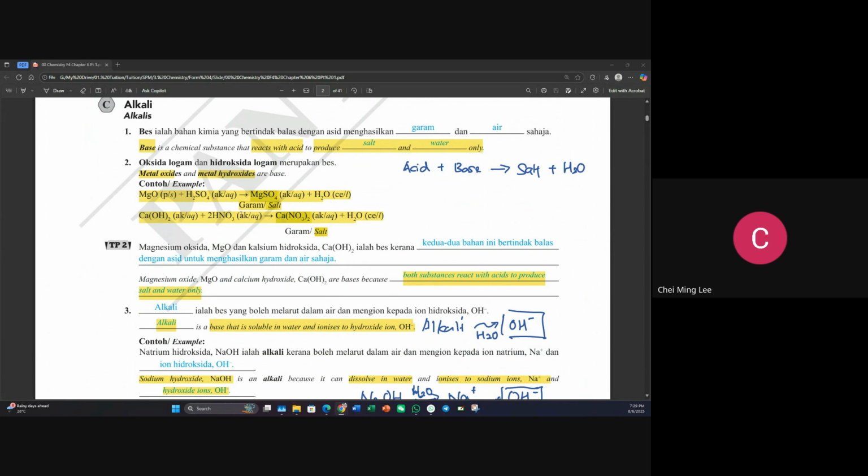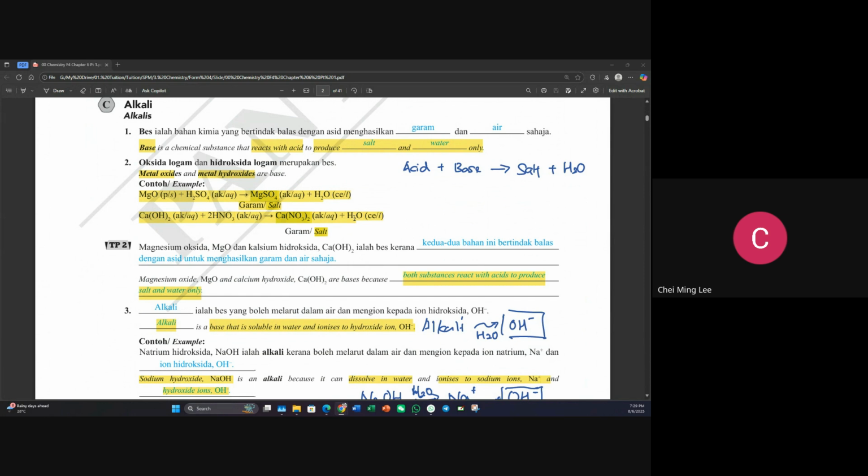Calcium hydroxide with nitric acid will create calcium nitrate with water, where calcium nitrate is the salt. Salt doesn't necessarily contain metal.